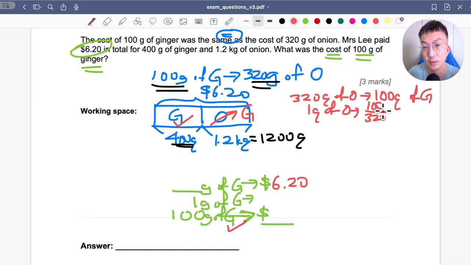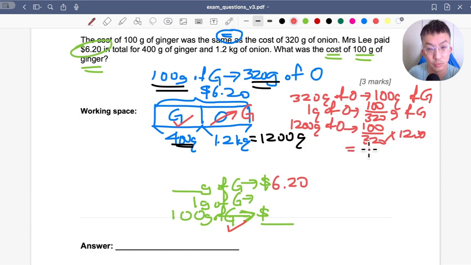There's no need for you to find the exact value because you are going to do multiplication at the next step. And then here, we are going to do 1,200 grams of onion, and you have 100 over 320 times 1,200, which equals 375 grams of ginger.